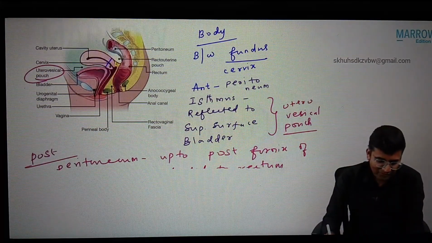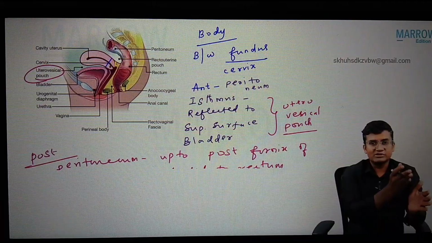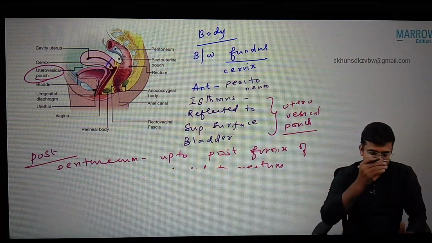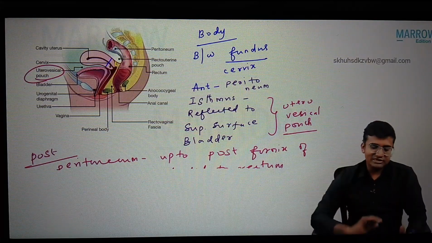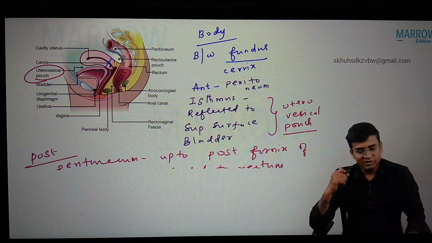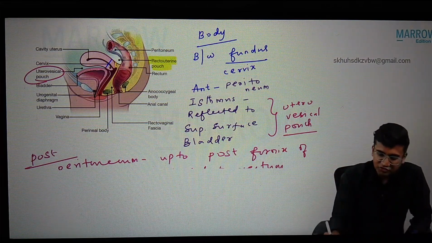So anteriorly, the peritoneum is present only up to isthmus and then reflected to the superior surface of the bladder and forms the uterovesical pouch. Posteriorly, it is covering up to the posterior fornix of vagina and then reflected to rectum and forms the recto-uterine pouch. Recto-uterine pouch is also known as pouch of Douglas.